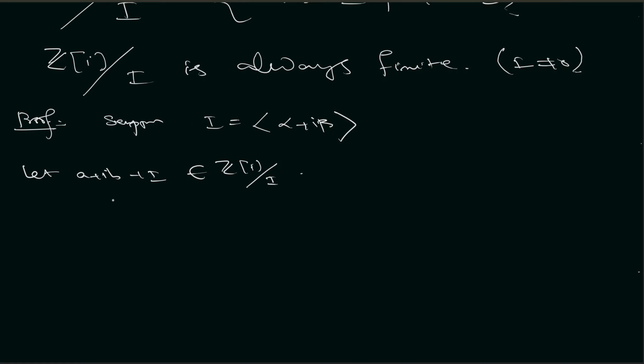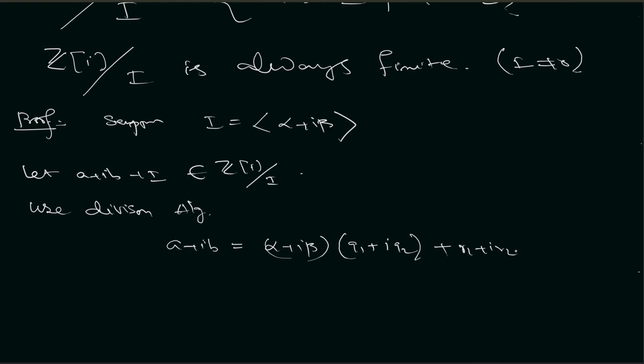So using the division algorithm, any a plus ib can be written as (alpha plus i beta) times (q1 plus iq2) plus r1 plus ir2, with r1 plus ir2 equal to 0 or the norm of r1 plus ir2 less than the norm of alpha plus i beta.